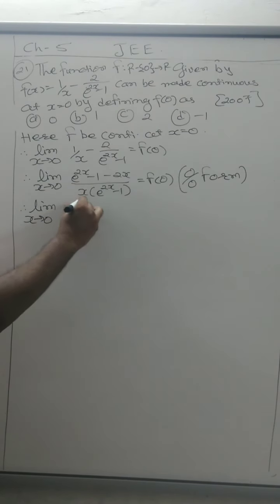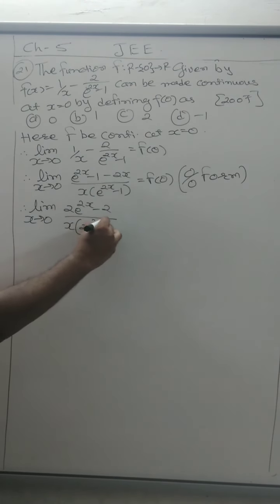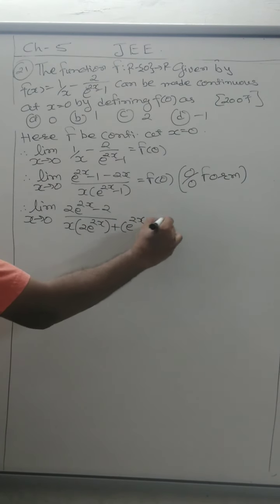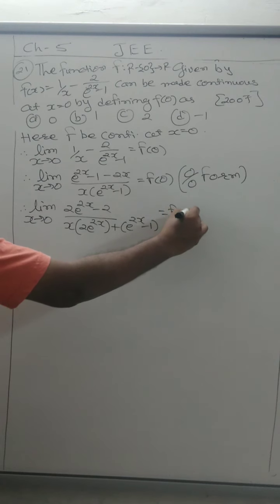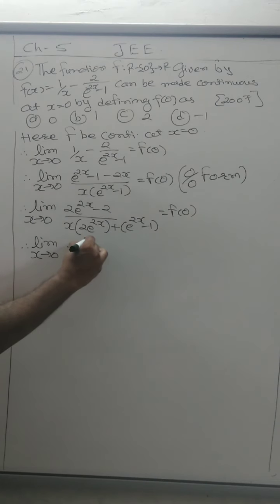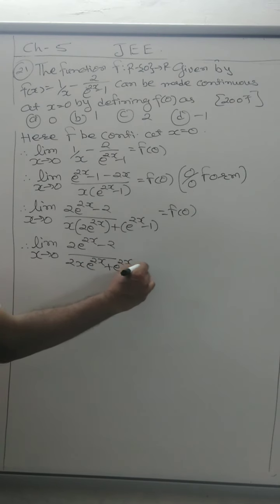So 2e^(2x) - 2 upon, by the product rule, first 2e^(2x) plus e^(2x) - 1 is equal to f(0).